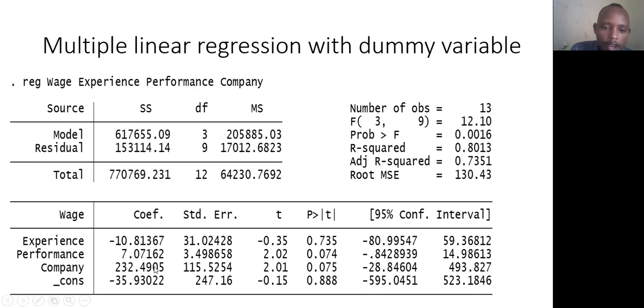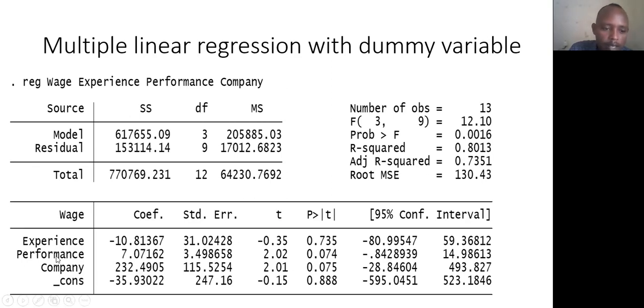Those individuals who work in a private company have an additional $232.49 more than those individuals who work in government companies. This is simply tentative data that is used only for this lesson's purpose.